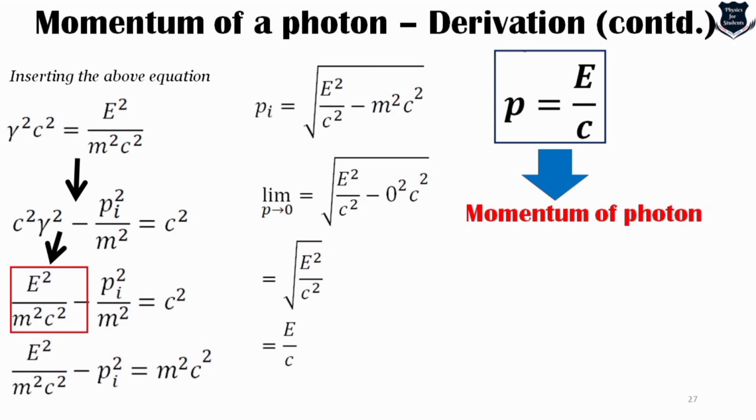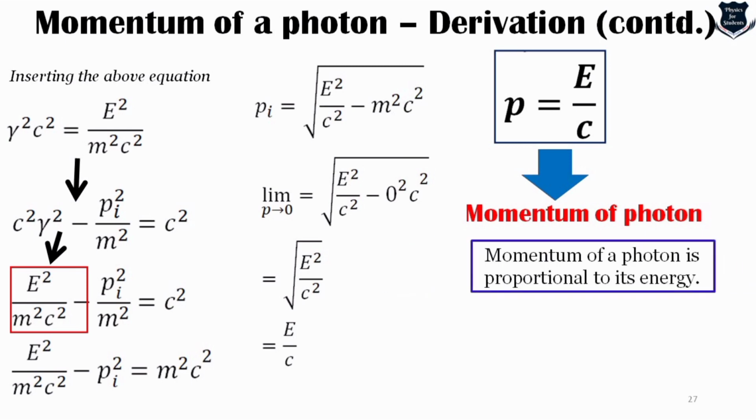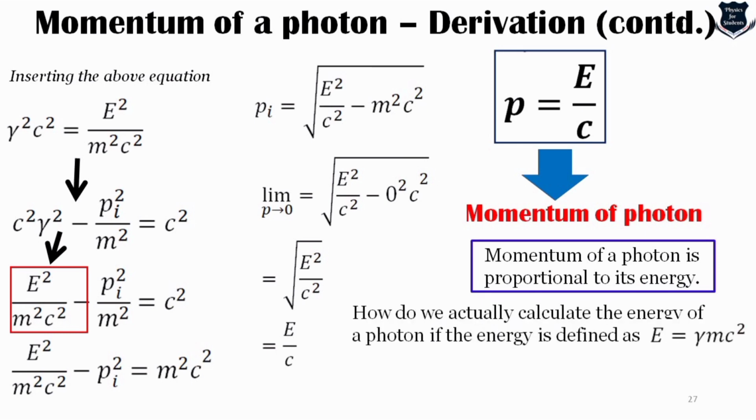So this value is put into c squared gamma squared, and then c squared gamma squared is put into p squared. This leads to the conclusion that the momentum of a photon is proportional to its energy.